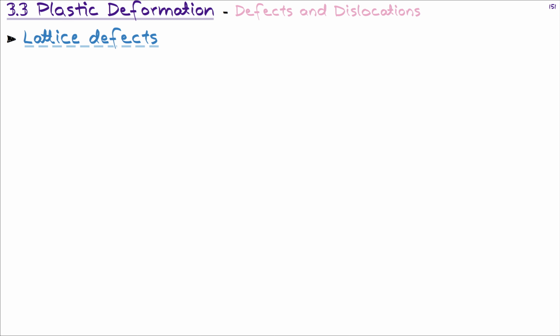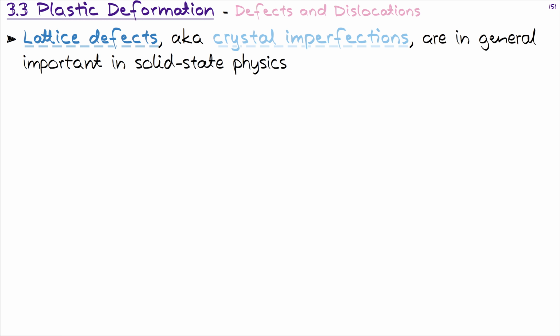So lattice defects are also known as crystal imperfections. In general, they are very important in solid state physics and also in other branches of physics. So in photonics and optics, we are also many times interested in crystal imperfections. Some examples: if you're interested in the electronic properties of solid state systems, we could look into quantum dots or quantum well structures and what they are in a nutshell.